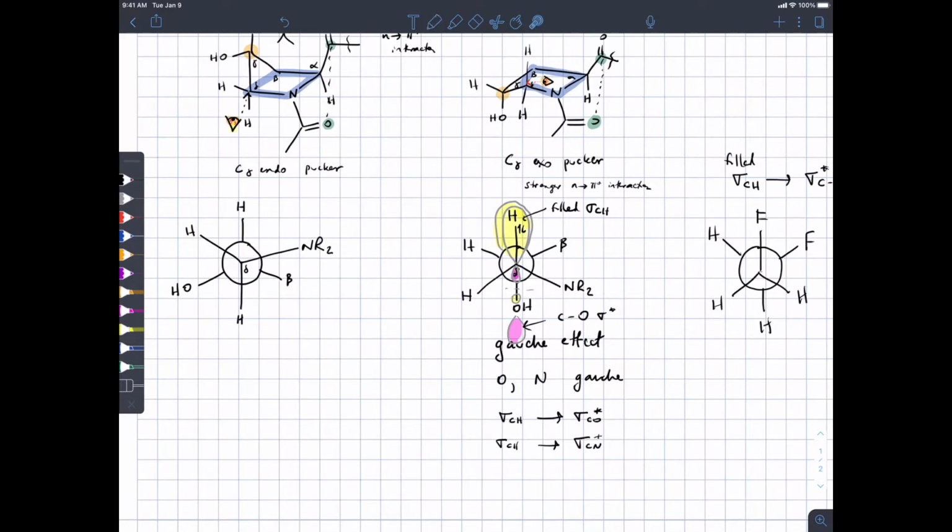And that's better than over here, where you'd have a lower energy carbon-oxygen sigma overlapping with the carbon-nitrogen sigma star and vice versa. And all of this is because electronegative heteroatoms lower the energy of bonding and anti-bonding orbitals. It's like you move them down like that. All right, so that's an example of the gauche effect.